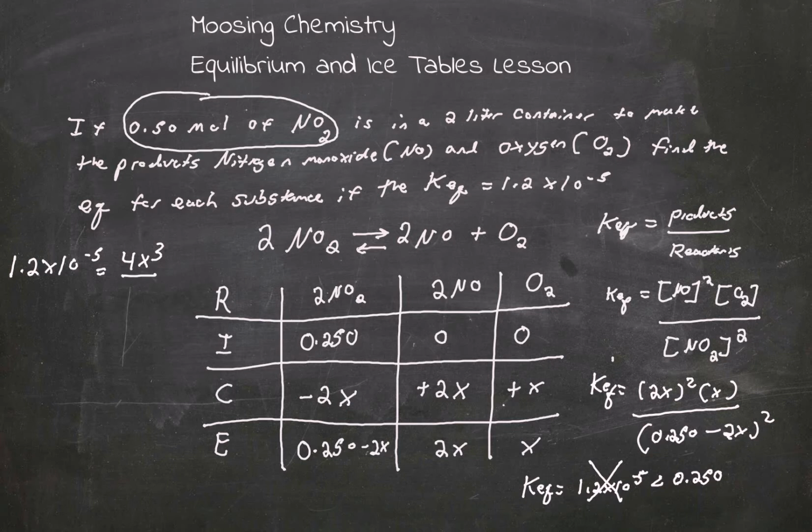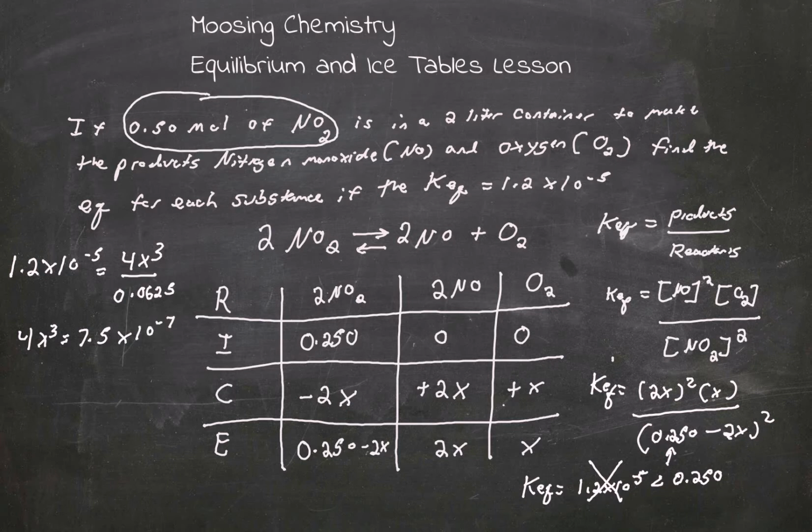And of course, we square the 0.250 right here, and that gives us 0.0625. Now we do that, and we get 4x cubed equals 7.5 times 10 to the negative 7.